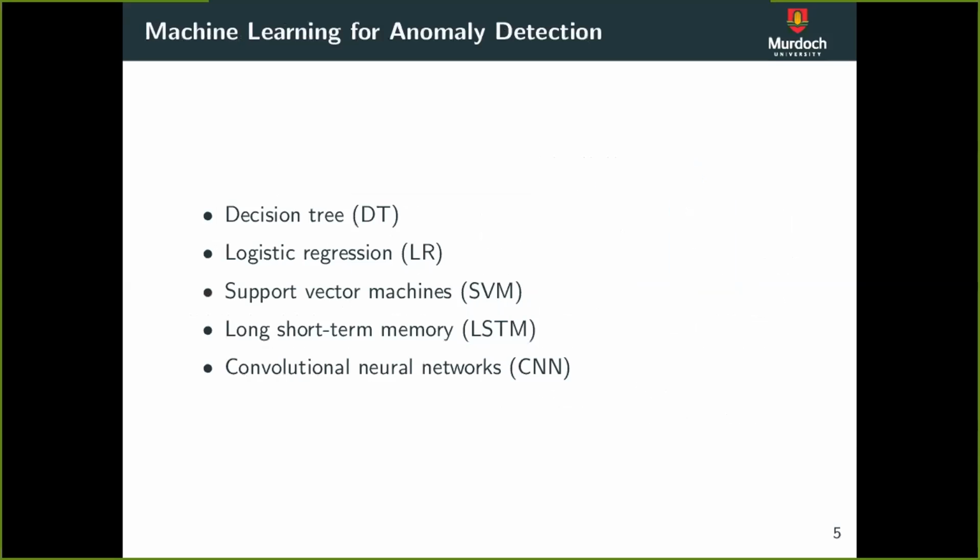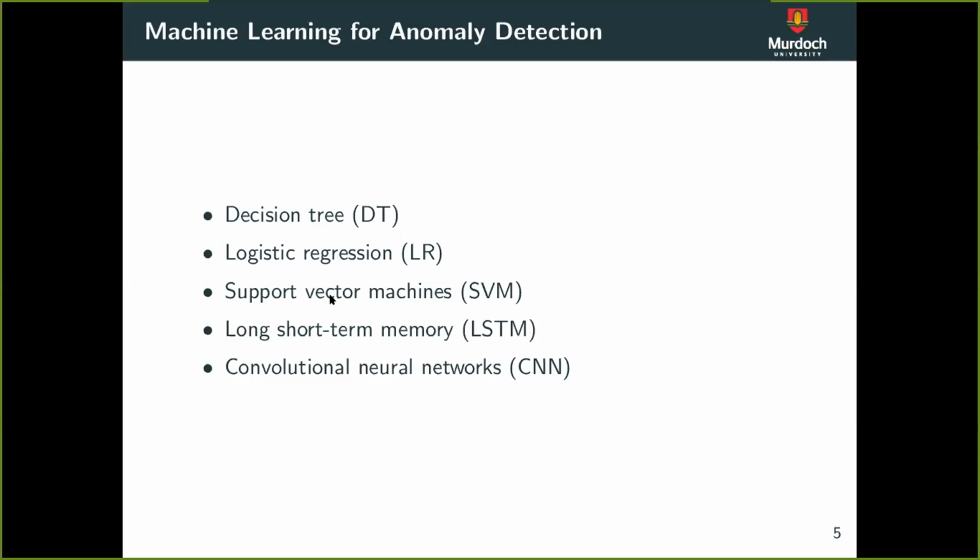In this work, we use 5 machine learning methods to perform anomaly detection. The first one is decision tree, then logistic regression, and then support vector machine.